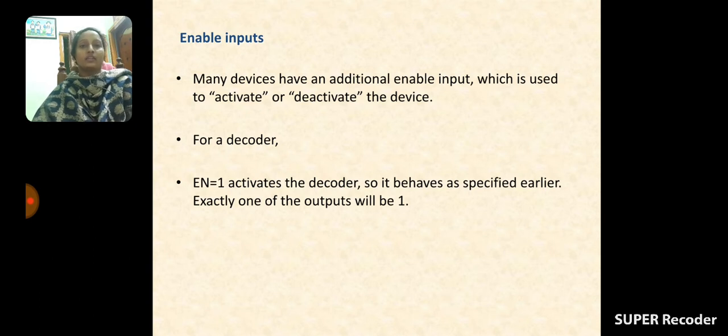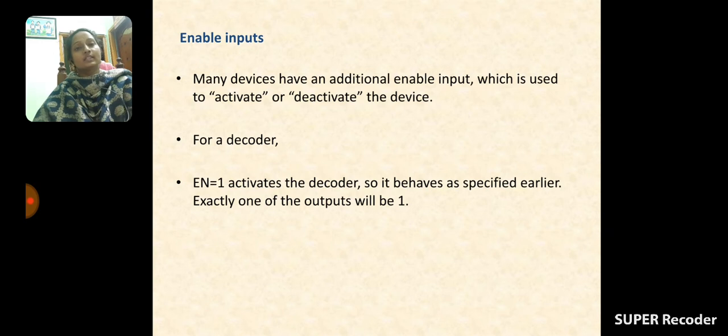What is the name of that special input? Enable. So what is the use of the enable signal? If the enable signal is present, that is, after application of a high level signal to the enable, only then the output changes according to the input.